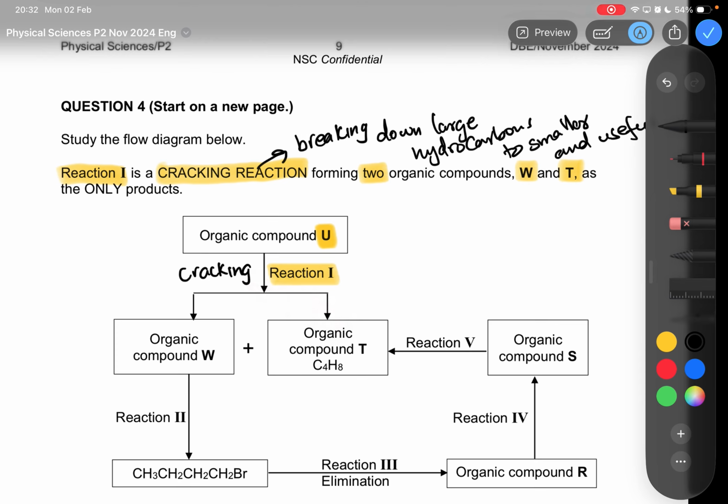And you must understand that cracking is an example of elimination. And for this reaction to take place, we require high temperatures, which means we are referring to heat here.